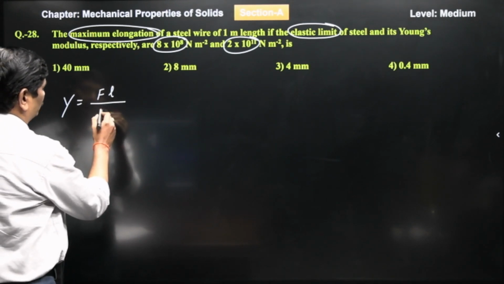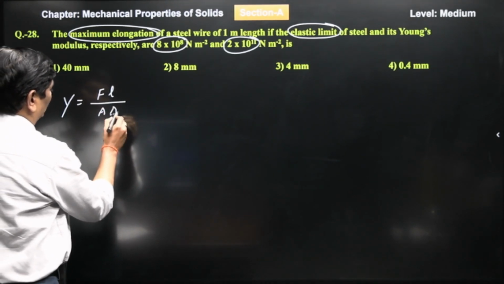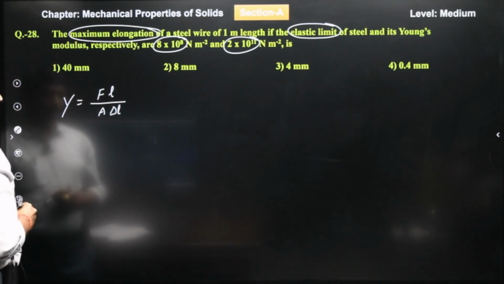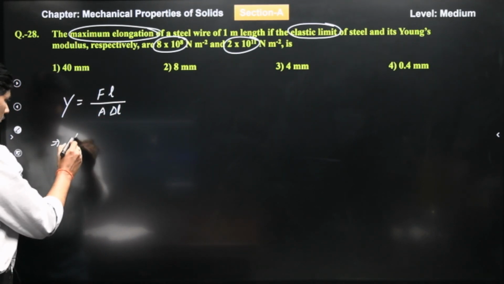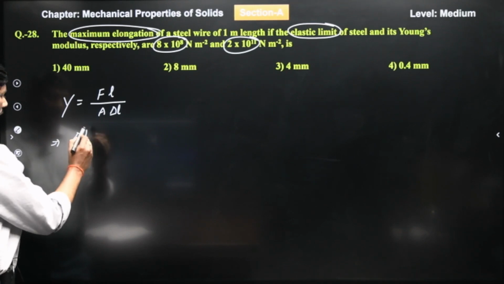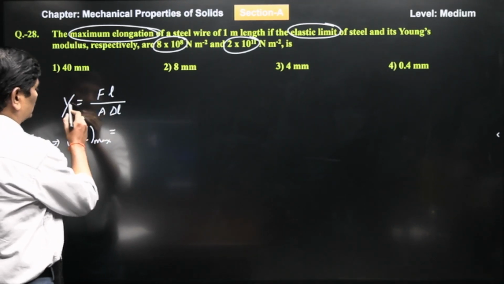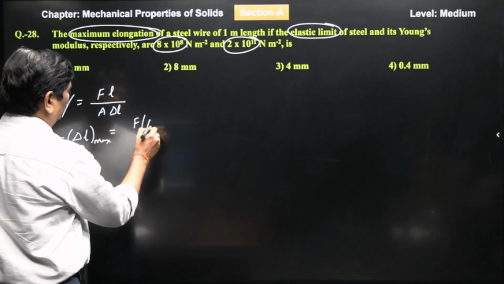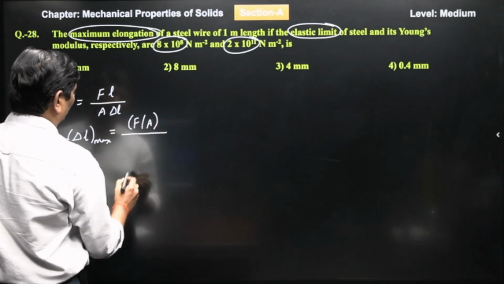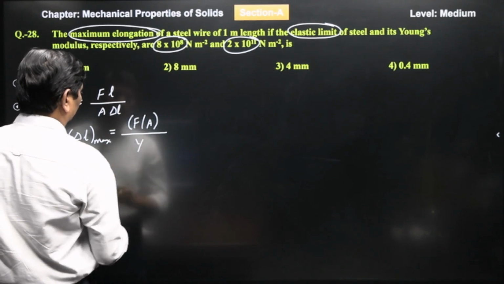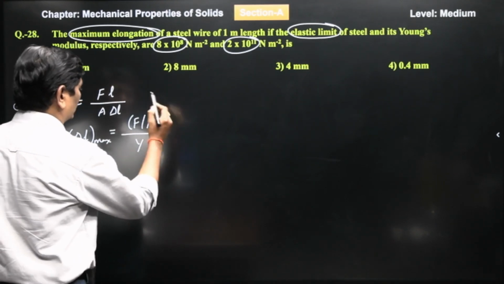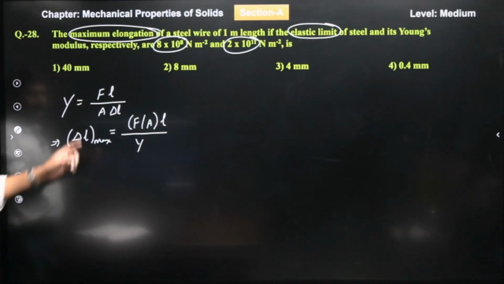So, Y is equal to F into L by A into delta L. Following this, delta L max is F by A in the numerator divided by Y, and L is there. We are rearranging this equation.